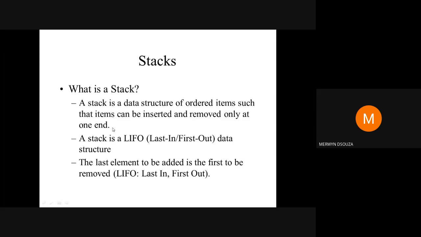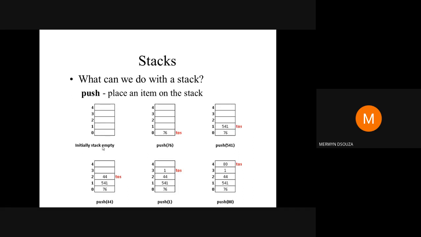So a stack is a data structure of ordered items such that items can be inserted and removed only at one end, called the top of the stack. And a stack is a last in first out data structure. So what operations are possible on a stack? Two operations are possible. One is the push operation, which means you insert items into the stack.